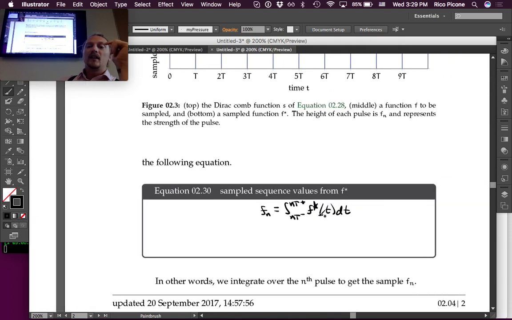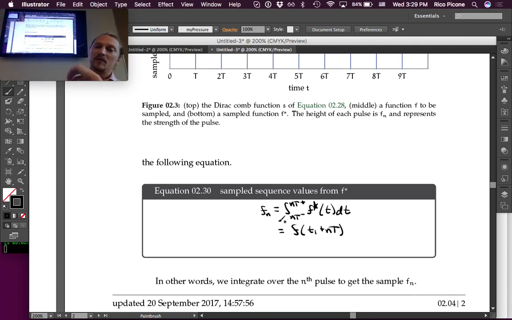We're saying that you can get the same value if you have f star, which is the sampled signal, but you have to integrate over the pulse to get that value out. So that's equal to f of t1 plus nT, which is the original expression we had. So these two are the same.